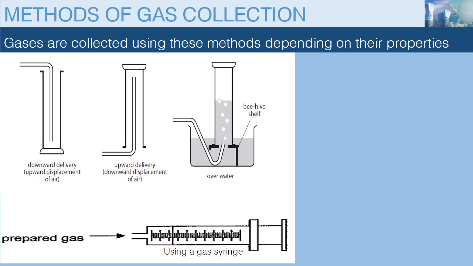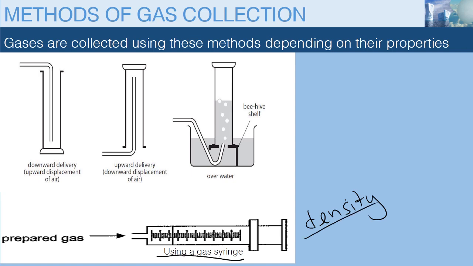Sometimes the gas may have a very close density to air. For example, when you're collecting oxygen gas, in this case, we will use a syringe to collect the gas. It does not matter the density of the gas, it can be collected using a syringe.